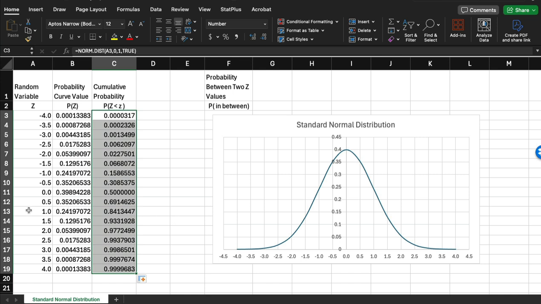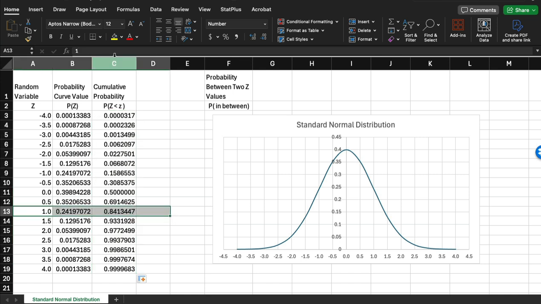So just to show you what this means, let's focus on this value right here, where it says z equals 1 and the cumulative probability is 0.8413447. So on our graph, the way that works is it's the area to the left of z equals 1.